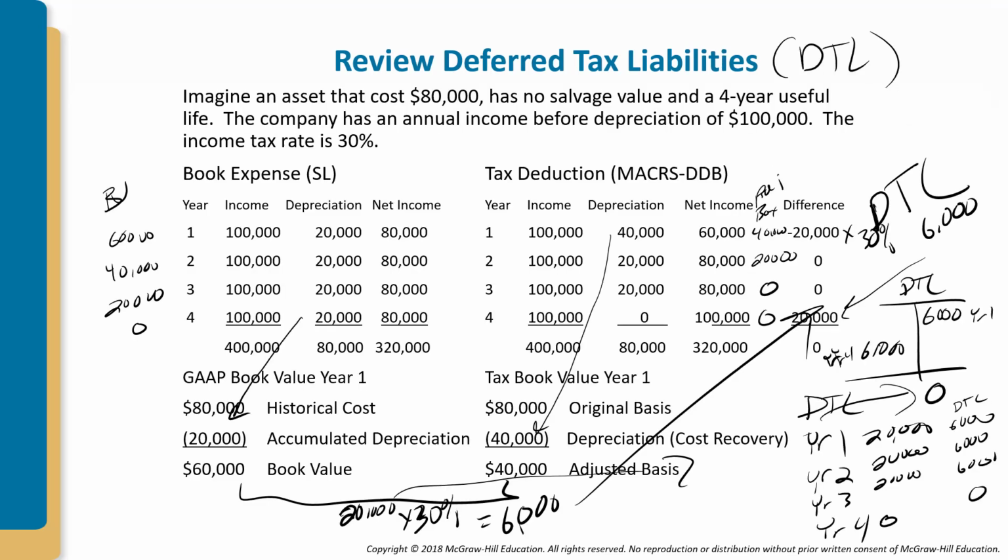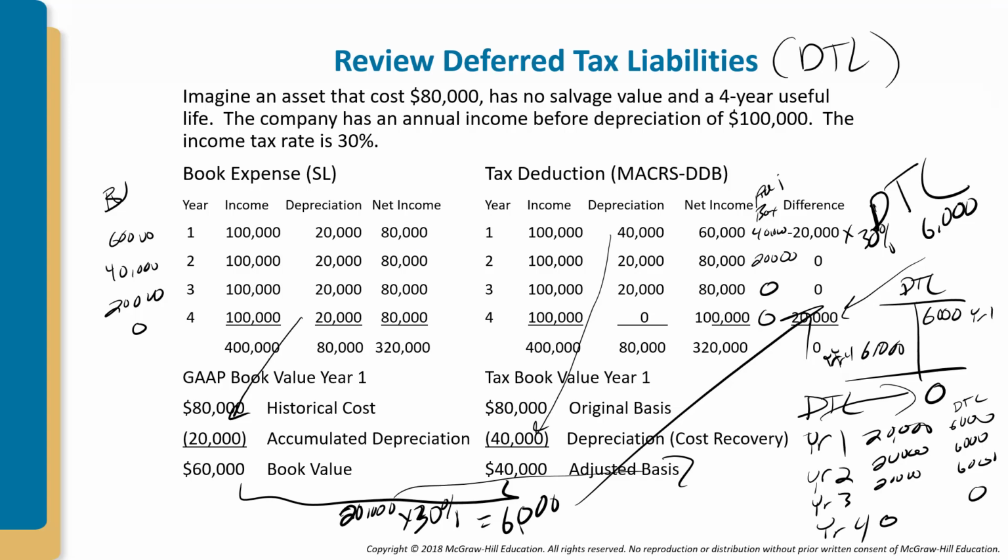I had $80,000 in income from a GAAP standpoint, but I only paid tax on 60,000 of it. Therefore, this 20, I'm just ending up paying that later. So that's a deferred tax liability, but we're going to recognize the tax expense of this whole 80,000 in the first year, and that's what we've done, right?